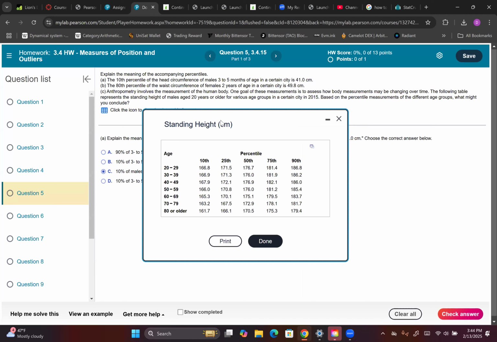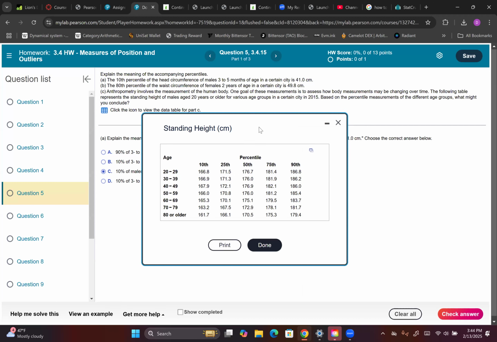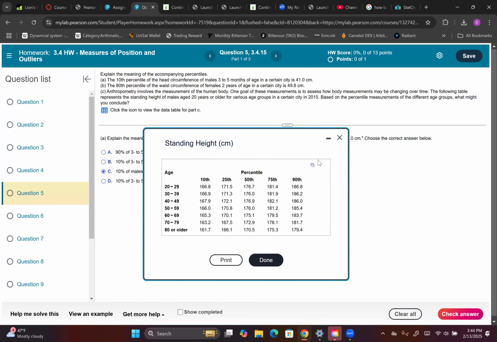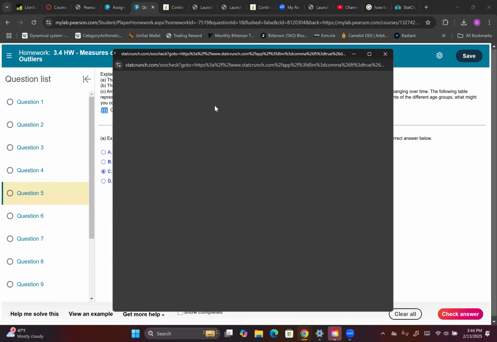let's see. So you can see these are going up. So the 10th percentile is down here. And why is this standing height? It's asking about head size. That seems weird. Let's open this, see what's going on. Why are they talking about standing height and head circumference?